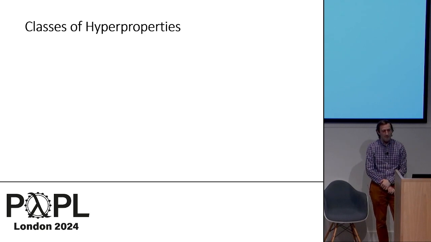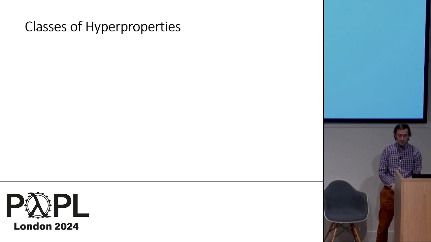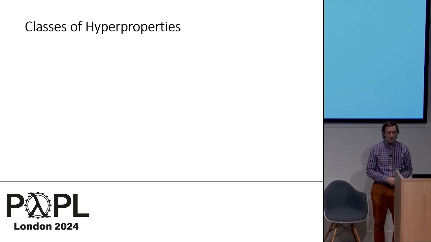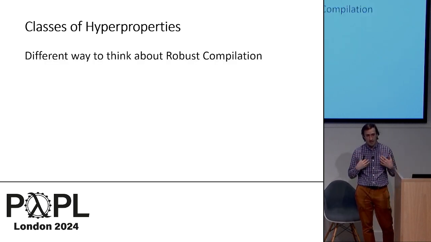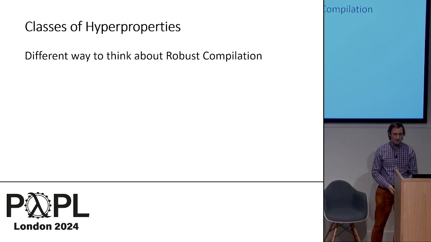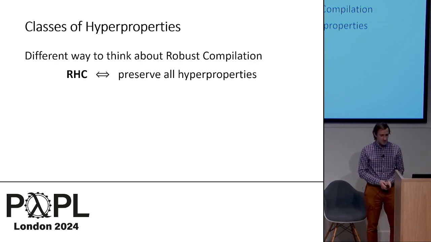And the first one is about classifying preservation of hyperproperties. So I described robust hyperproperty preservation by saying the source and target programs had to have the same behavior. But there's another way to look at this that is, again, not new to us, right? This comes from the Journey Beyond Full Abstraction paper, to say that robust hyperproperty preservation is, as the name would suggest, preservation of all hyperproperties.